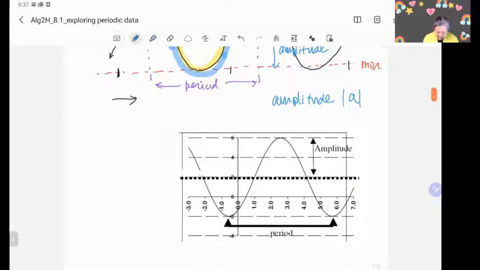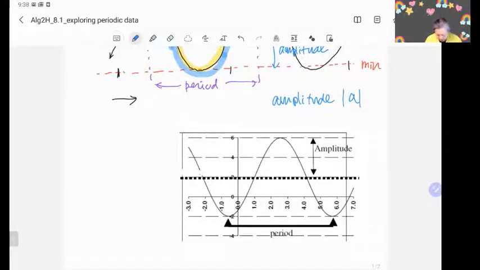Here's another, better graphic for you to see. This is the x-axis, and the x-axis indicates the time, with 0 and 1 and 2 maybe being seconds. They define the period from the lowest point to another lowest point.